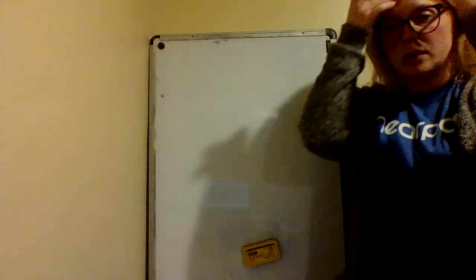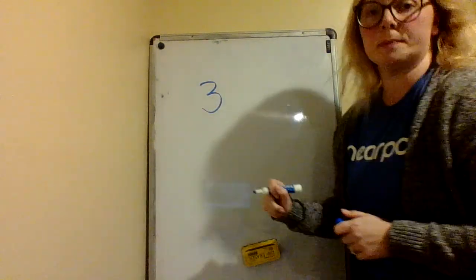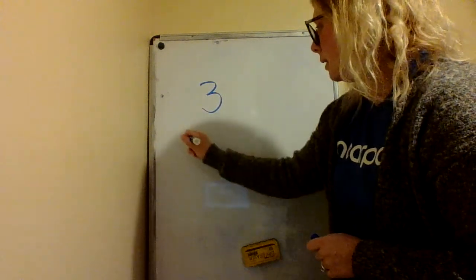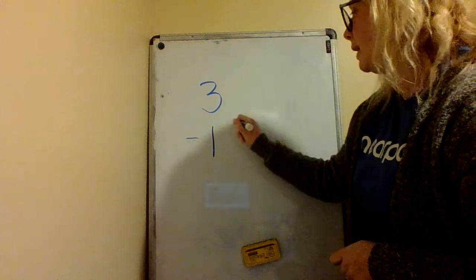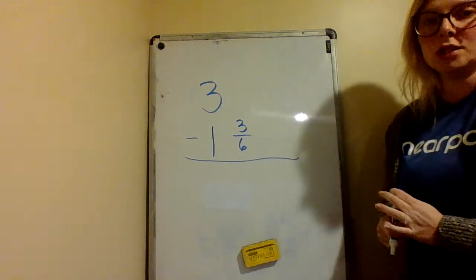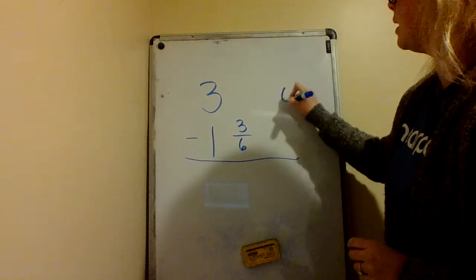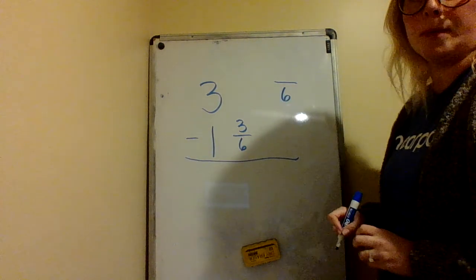All right, so here is one example. So if I had 3 wholes minus 1 whole and 3/6. Okay, so to change my 3 wholes, we're talking sixths, so I'm going to have sixths still, okay?